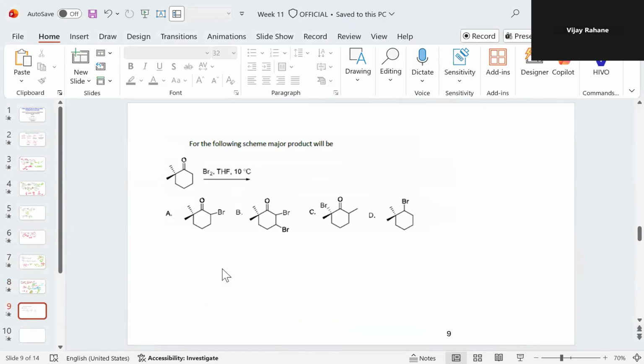The first one is the bromination of this compound, with the question asking for the major product of the following scheme.